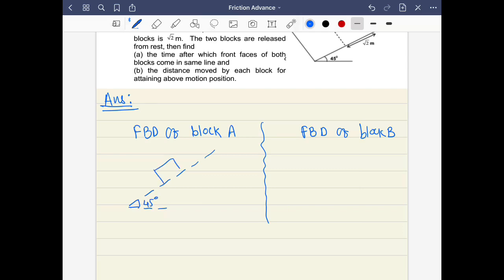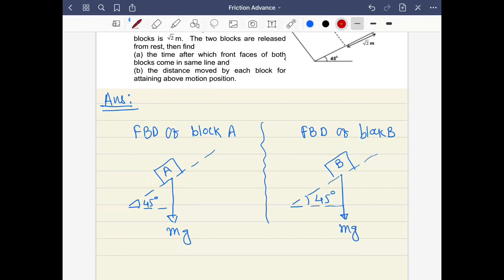We have a block A over here, and this is also the 45 degree angle, and block B over here, right? So these two are identical blocks, so we have mg downward. Likewise here also mg downward.